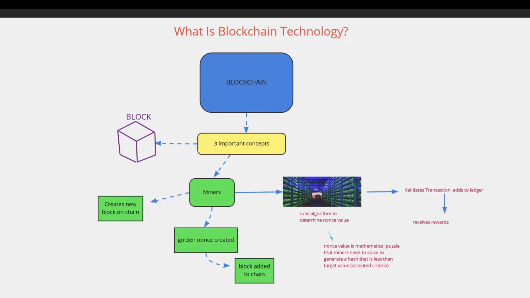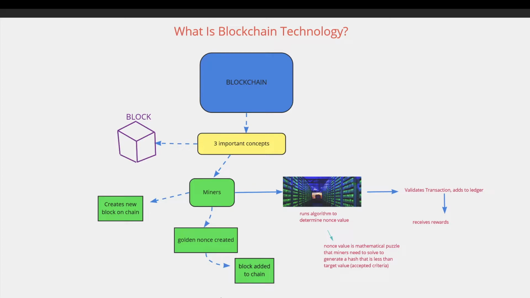So basically, miners have their own set of sophisticated hardware that runs an algorithm to determine the nonce value for the newly created block. That nonce value is a mathematical puzzle that these miners have to solve in order to generate a hash which is less than the target value. That is the accepted criteria.